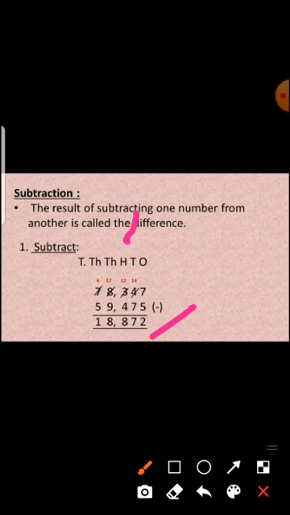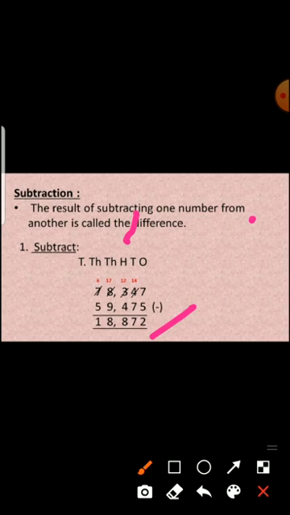So we cannot subtract 7 from 4 directly, because we can only subtract a smaller number from a bigger number. Here 4 is on top of the 7.